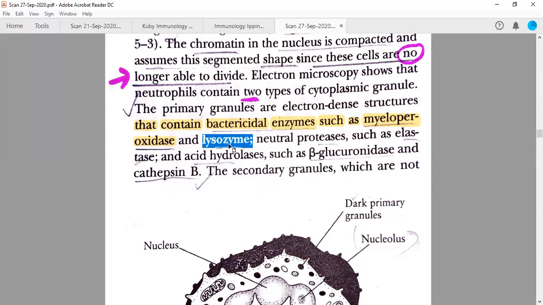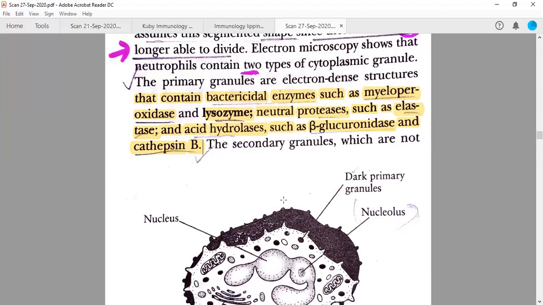Neutral proteases such as elastase, acid hydrolase, beta glucuronidase, and cathepsin B are all present in primary granules and they can degrade elastin. Acid hydrolases can degrade some other components, and cathepsin B is bactericidal in nature.